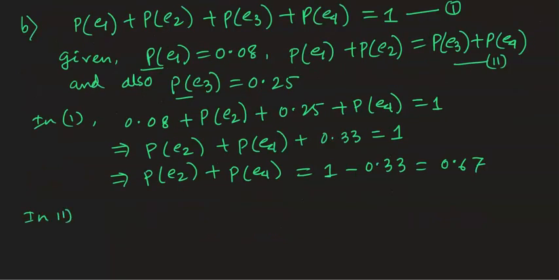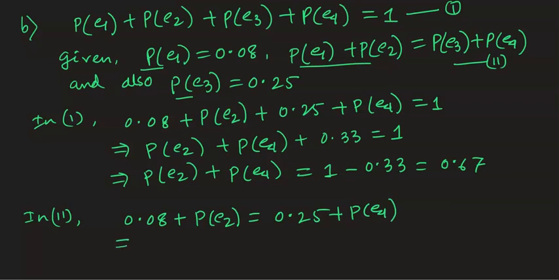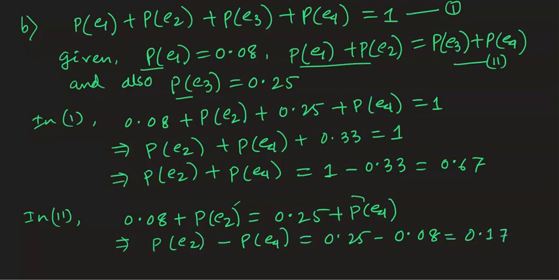Now in equation 2 we put the known values. So here probability of E1 is 0.08 plus probability of E2 is equal to 0.25 plus probability of E4. So probability of E2, taking this on this side, minus probability of E4 equal to 0.25 minus 0.08, which is 0.17.